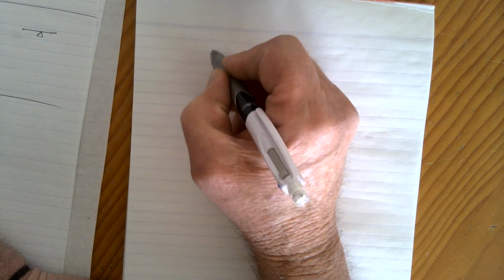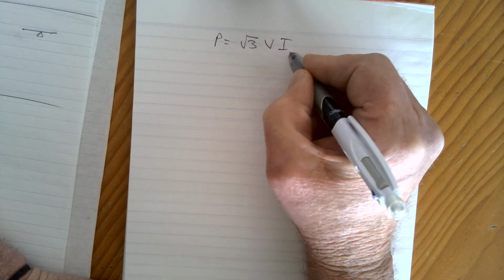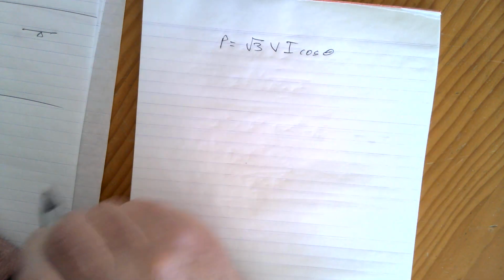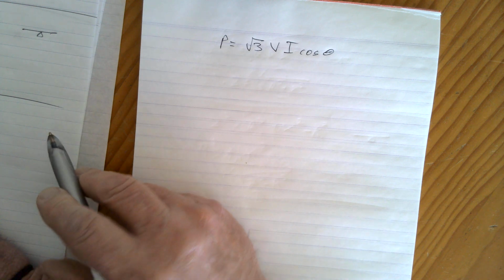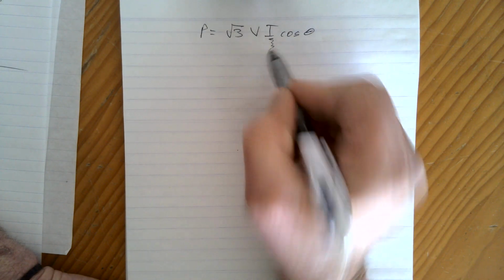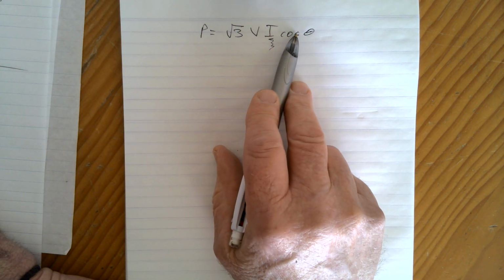A common one that pops up might be your three-phase power equation, volts times amps times cos theta, and root 3, of course, in three-phase power. Commonly you're asked to find what the current is, given the values of voltage, power and power factor.